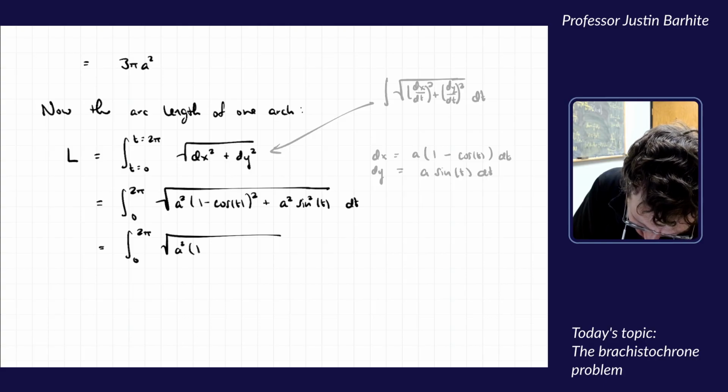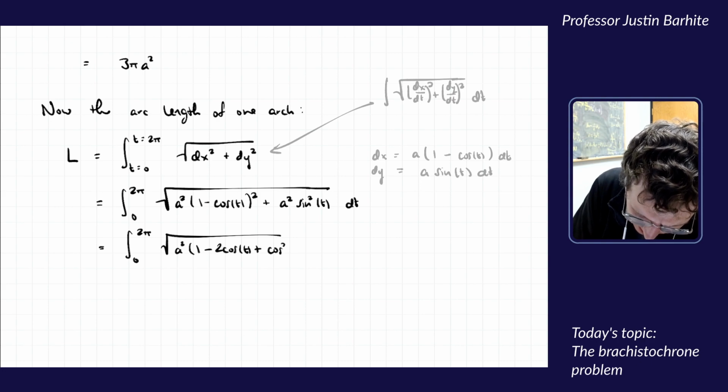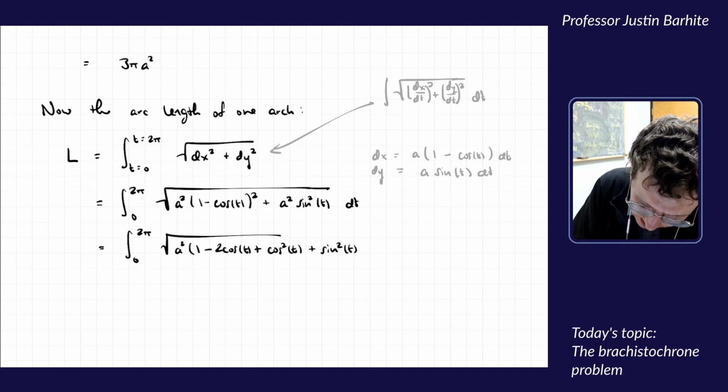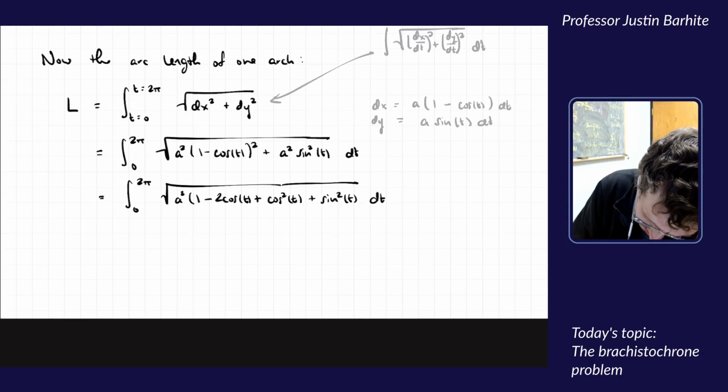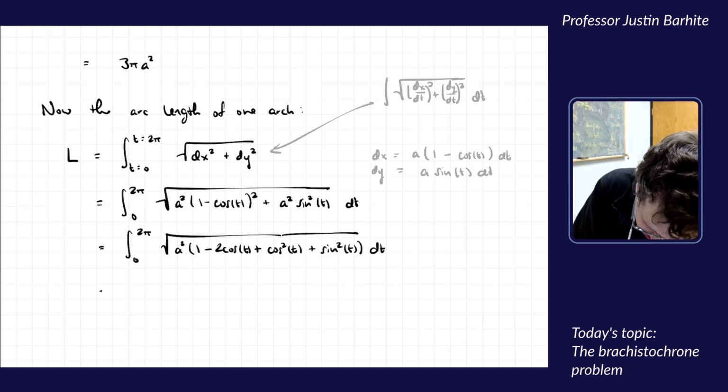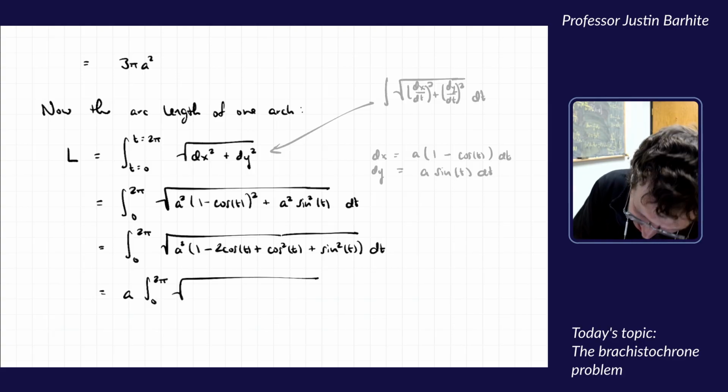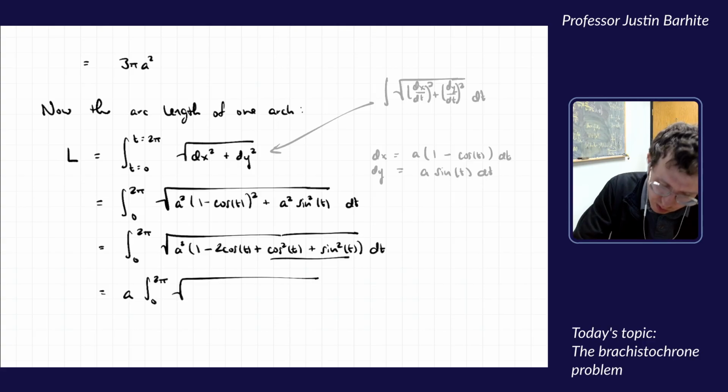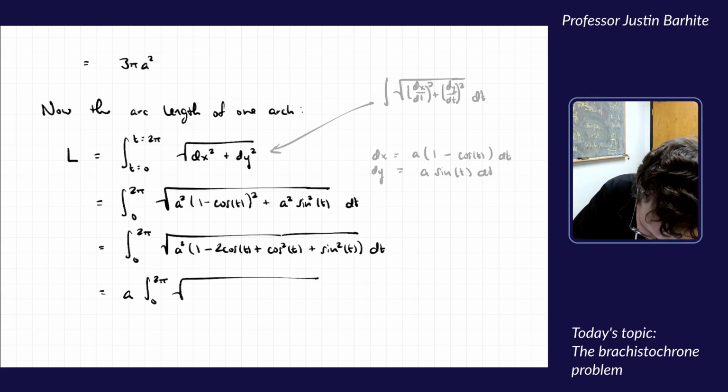So that's 1 minus 2 cosine t plus cosine squared t, and then plus this sine squared of t. The a squared gets square rooted, and then it can come outside the integral. And then that cosine squared t plus sine squared t is 1, which combines with this 1 to make 2. So I'm left with 2 minus 2 cosine of t.